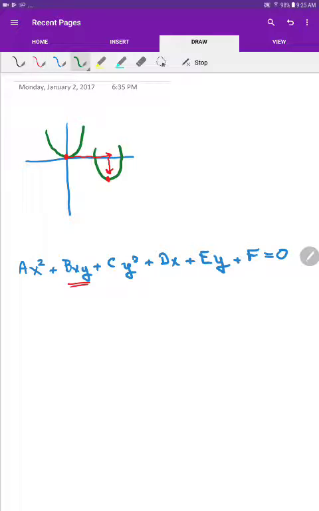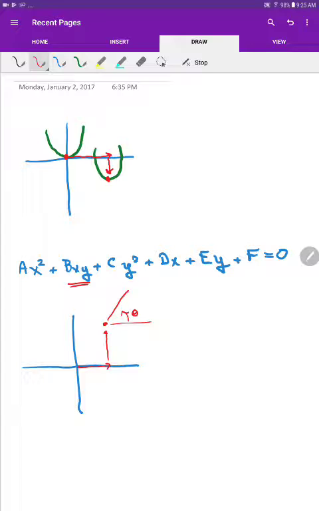This will result in a conic that potentially rotates. So instead of just sliding in the horizontal and vertical direction, we might get that also occurring, say with our parabola, but in addition to that, we can have a rotation.